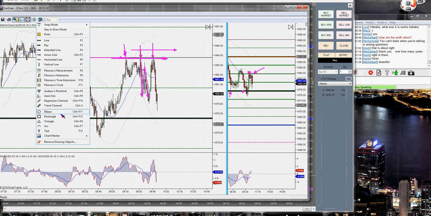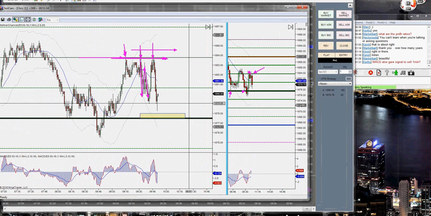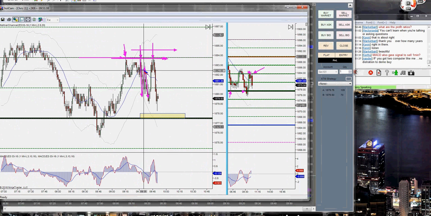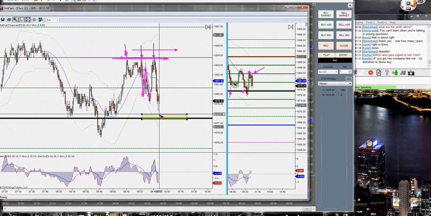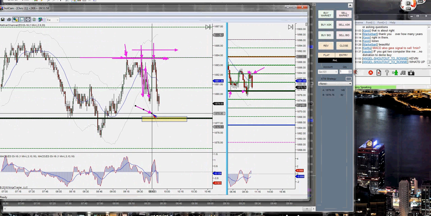Now watch this, guys, down here. This is all support down here. This would be an area right down here, the 7750 area, where let's just say you shorted.